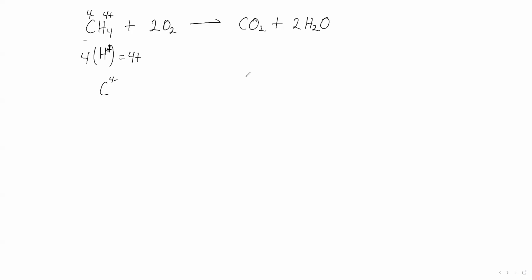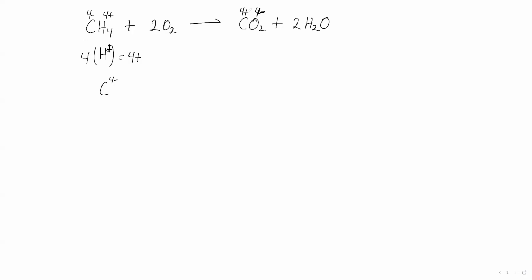And now if we look over here on the right, remember oxygen is always 2 minus, and there's 2 oxygens. So that means the total negative charge here is 4 minus, which means that carbon has to be 4 plus.